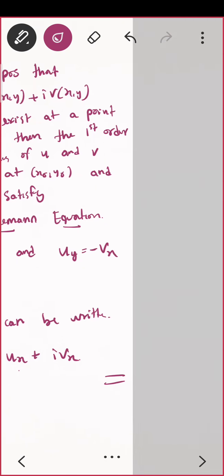The question must arise in your mind, sir, what about the converse? Let us do some example first, then we'll go back to that question. Suppose you are having f of z is equal to x square minus y square plus i into 2xy. Now if I want to check this function is differentiable, then what should I check first?